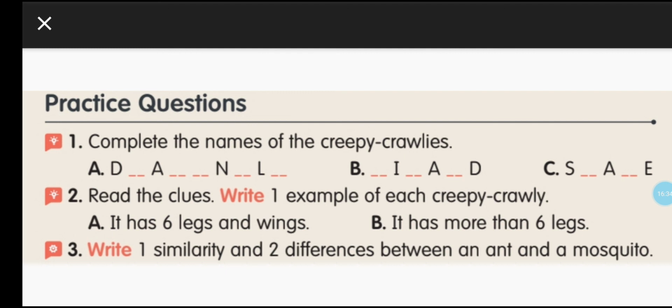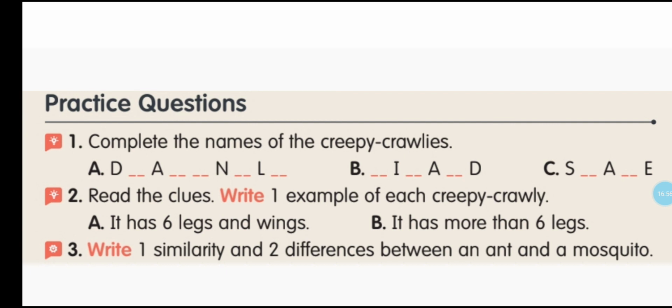And the second one, read the clues and write one example of each creepy crawly. A bit, it has 6 legs and wings. Which creepy crawly has 6 legs and wings? You can write, as we just discussed in the workbook, it may be the grasshopper, butterfly, anything you can write there.